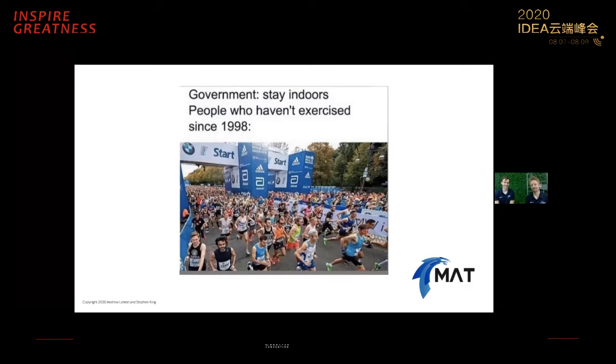Now, while this is fantastic that many people are getting fit and healthy, unfortunately, it is probably going to lead to an increase in the amount of injuries.